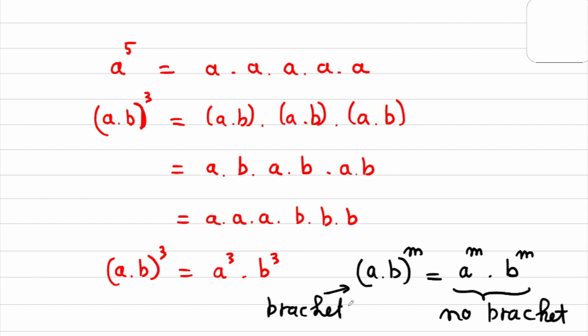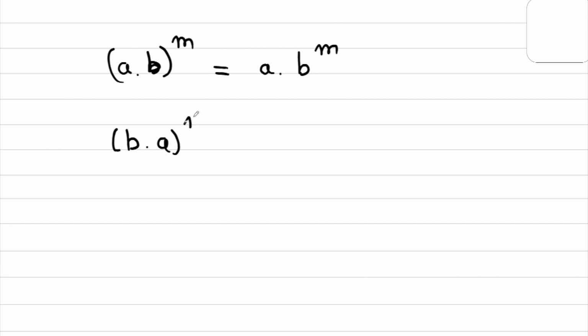You want to break this one, it becomes A to the power of M and B to the power of M. A lot of my students make a mistake about this writing because they say that A times B to the power of M, when I want to break this, only equals A times B to the power of M, because they say B is in the position very closest to M, so M is only for B. How about another writing, B times A to the power of M, and they said B is multiplied by A to the power of M. Yeah, this is incorrect writing.